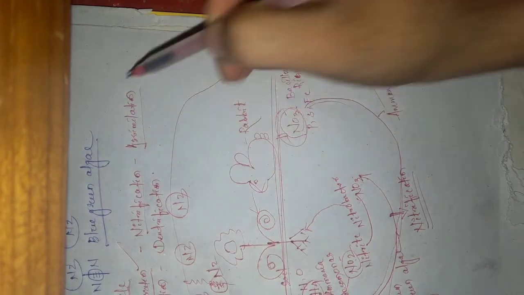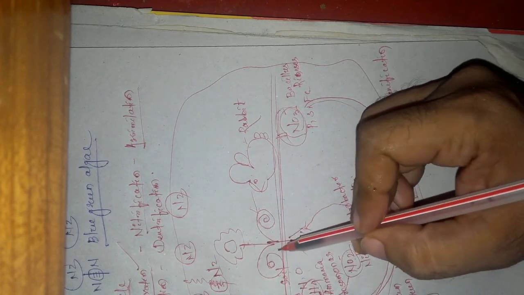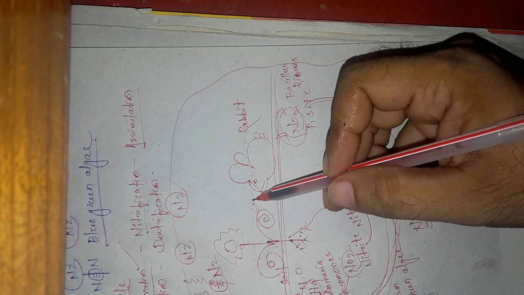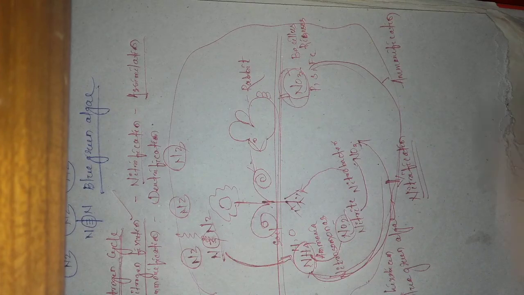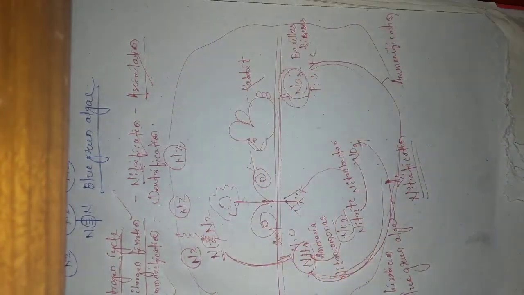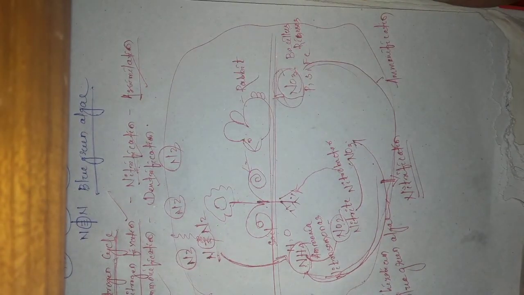What is assimilation? When the nitrogen compounds get absorbed by the plants and animals, that process is known as assimilation. Okay, nitrification, assimilation and ammonification are completed. Then what is denitrification?